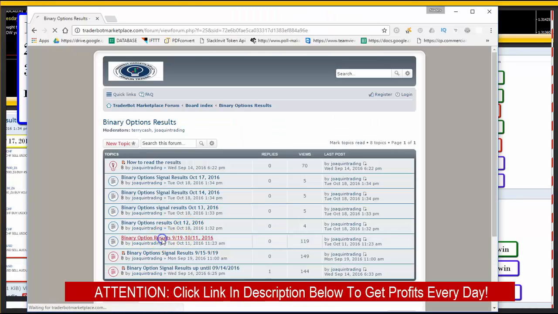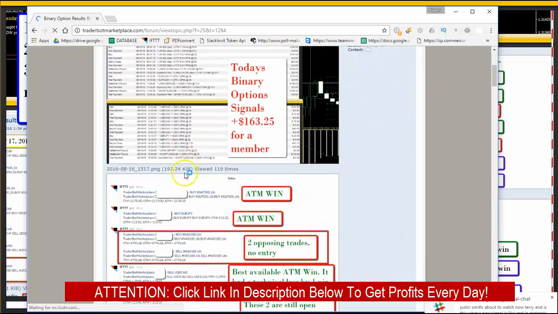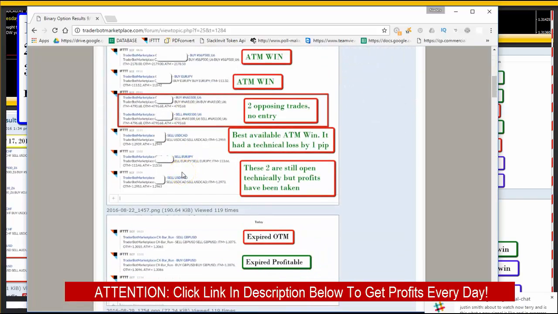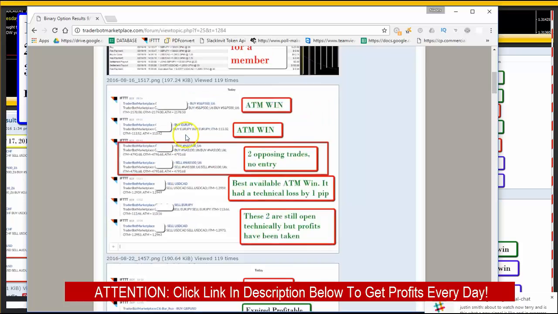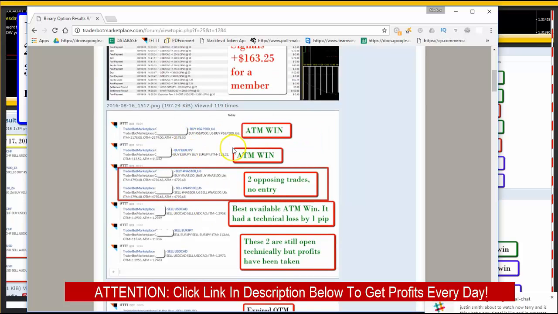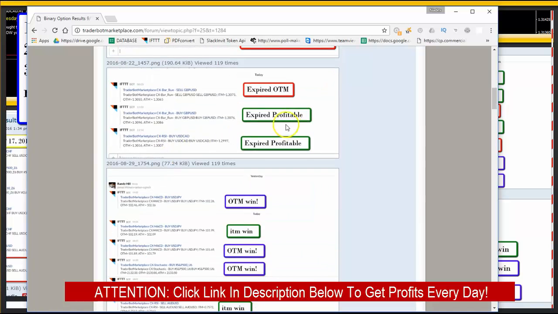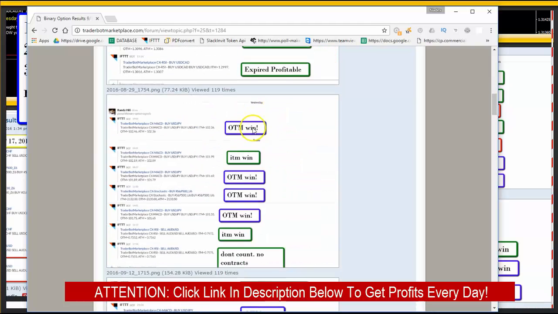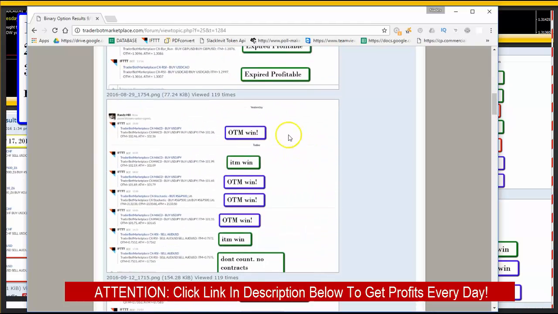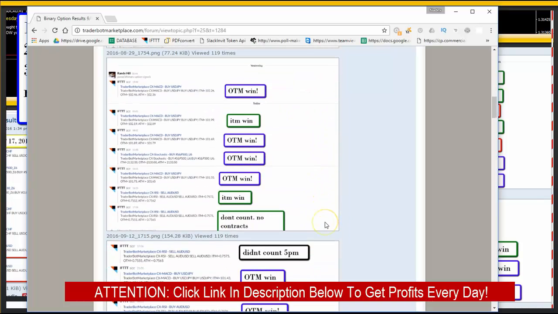Now, the colors might be off, but we're looking for OTM win rates. Okay, forget about these two. We're going to look for OTM wins. You'll have to go back and research these. I'm not going to spend time researching them.